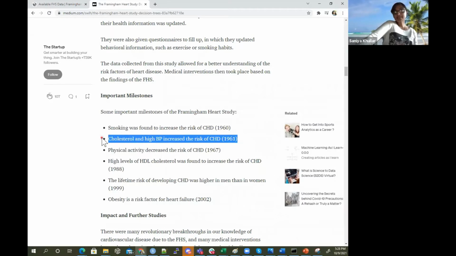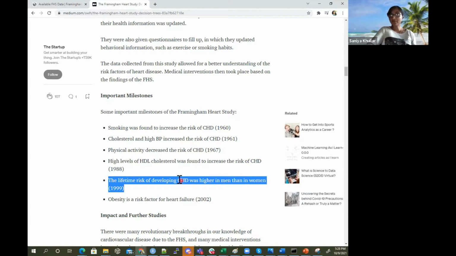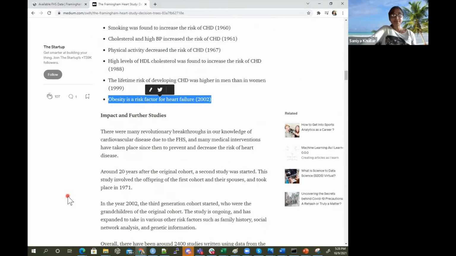They are analyzing the data to figure out why certain people have a higher risk of heart disease than others. Physical activity decreased that risk, high levels of high density lipoproteins decreased it, men had a higher risk than women of having coronary heart disease, and being obese is a risk factor.